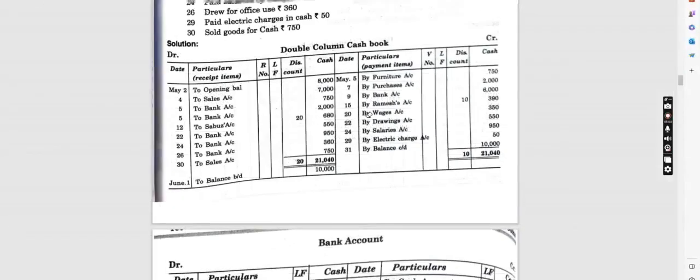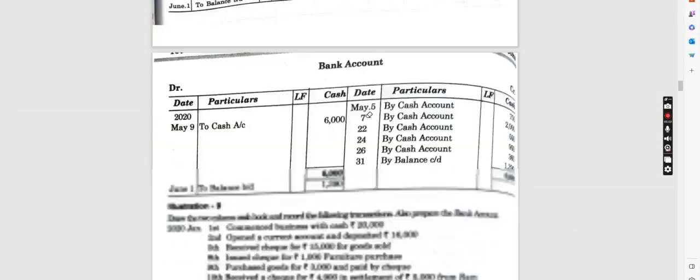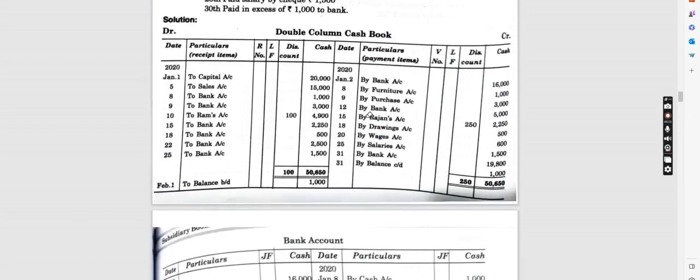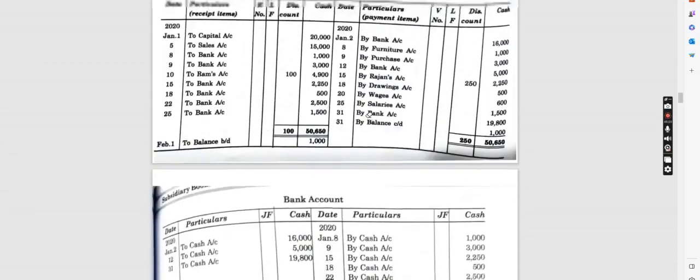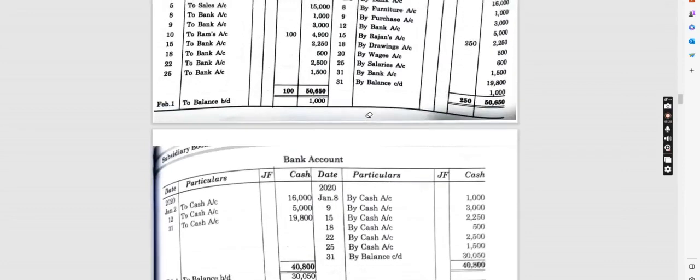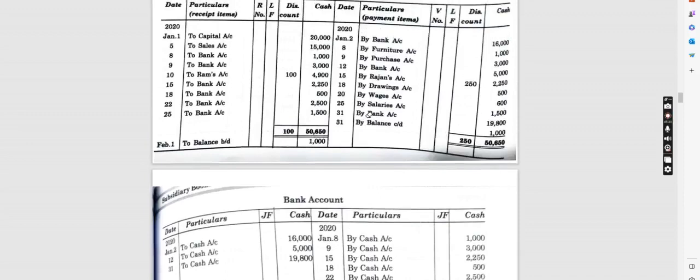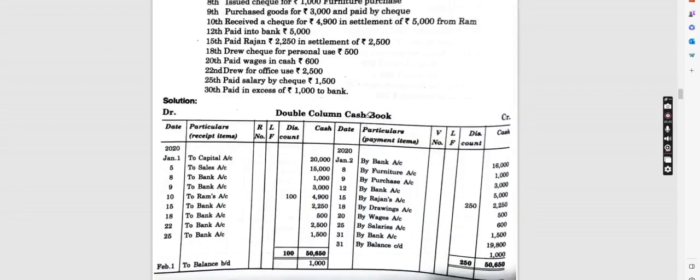Let me have a look. It is like cash is paid to the bank.